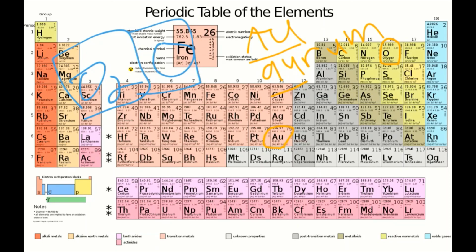So these elements are hydrogen, nitrogen, oxygen, fluorine, chlorine, bromine, and iodine. So we have 7 elements that pair up. Now, all these are gases except for 2 of them. Bromine, Br2, is a liquid, and iodine, I2, is a solid.